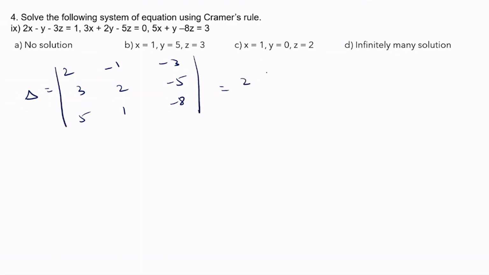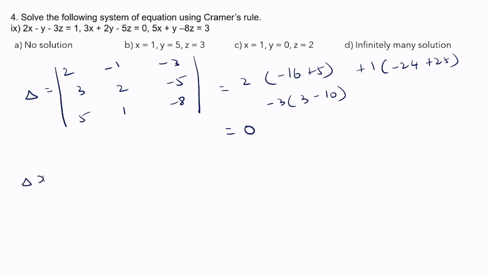Expanding along R1, we get 2 into minus 16 plus 5, plus 1 into minus 24 plus 25, minus 3 into 3 minus 10. So this is minus 22 plus 1 plus 21. So it is minus 22 plus 22, which is 0.